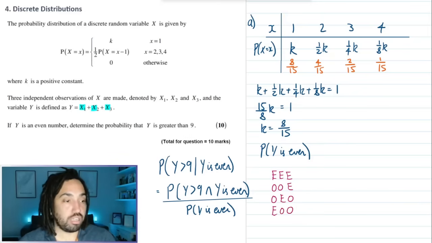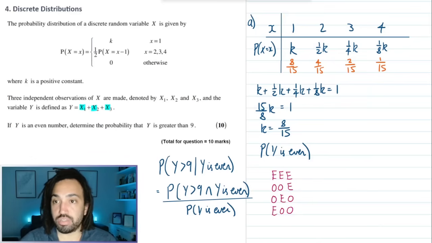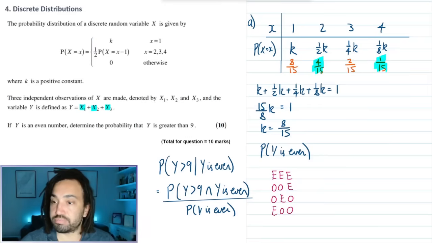So what is the chance that we get an even out of our x distribution? Evens are this one and this one. So an even will be 5 out of 15, which is a third.